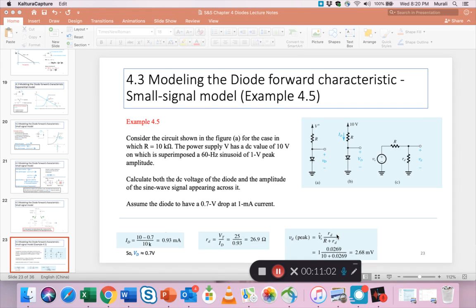So the voltage across the diode is a much reduced value. It's only 2.68 millivolts. So less than 3% of the original 1 volt is appearing across the diode.